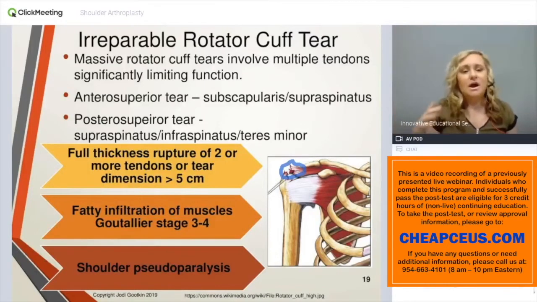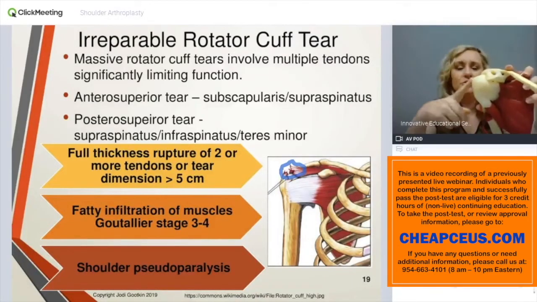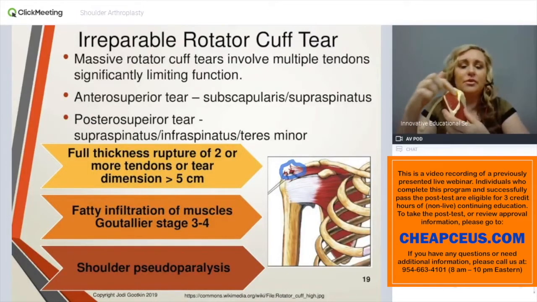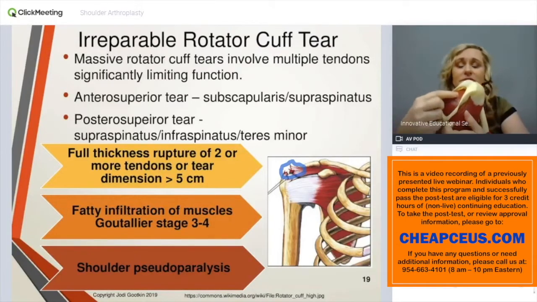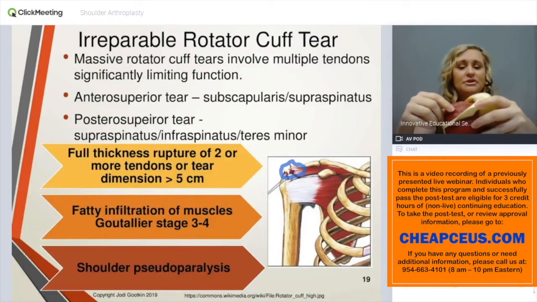We know that every patient with a rotator cuff tear doesn't present exactly the same. So what they find over time when an individual has a rotator cuff tear is that, looking at the muscle tissue, if this individual has a tear of the supraspinatus, where they're unable to appropriately recruit all of these fibers, over time this muscle undergoes atrophy. And we know a lot of times this is a long-standing pathology.